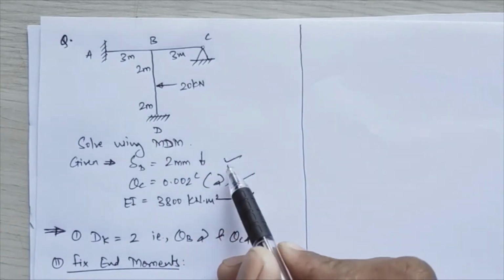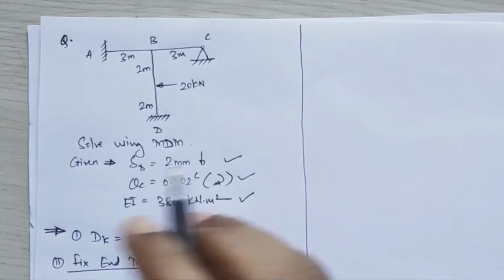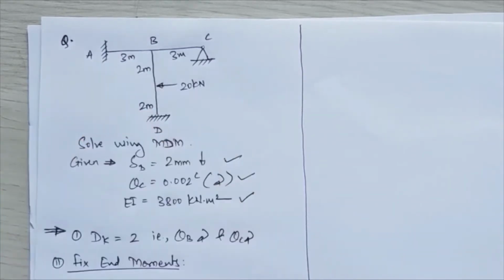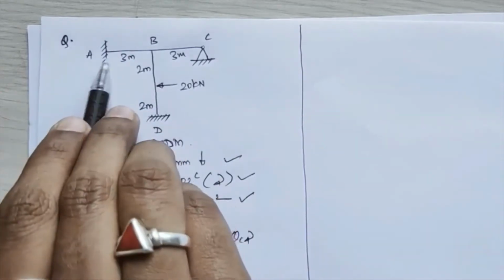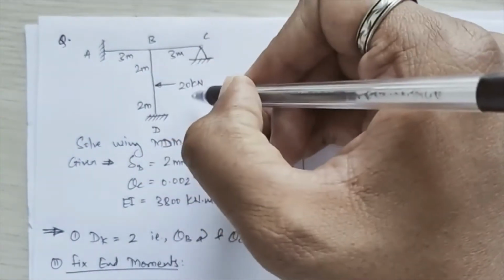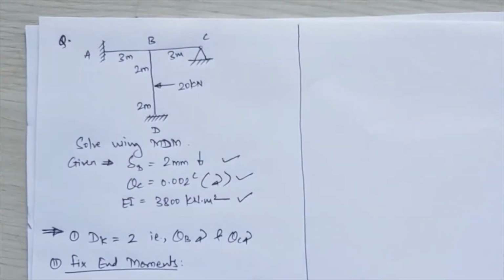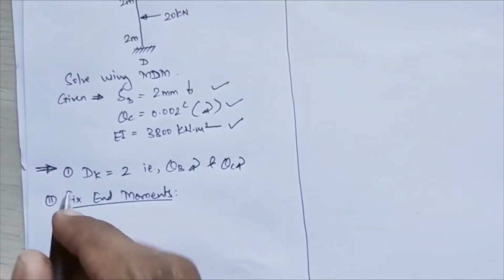No, here the conditions are provided to you. That is why, due to these conditions, fixed end moments will develop in span AB and in span BC. In the same way, in span BD, it will be due to the loading that we have calculated previously.